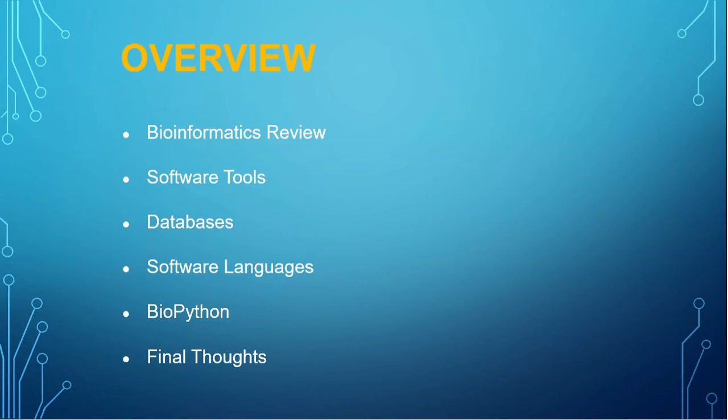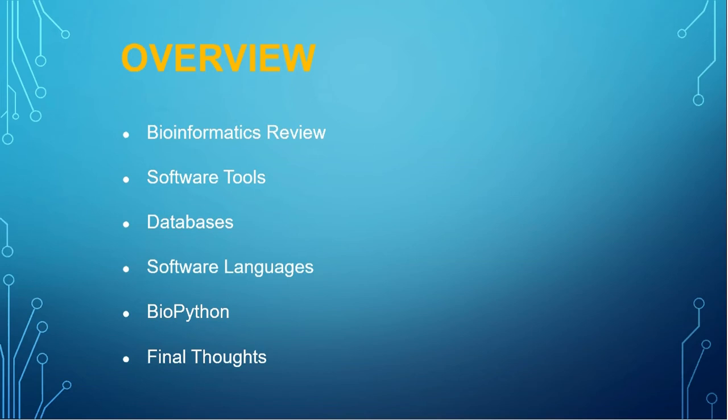Next comes the databases. These are databases that have been created and kept up over the years to have a large amount of data to be accessed and compared against when doing studies. Next comes our software languages. So once we have these databases and these software tools, we need an easier and more efficient way to be able to work with these tools and these projects.